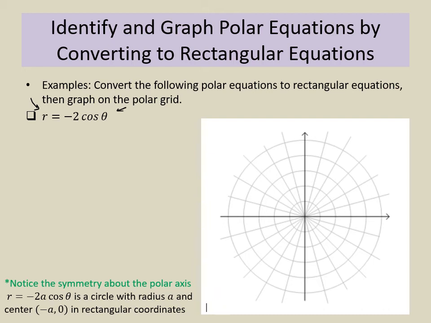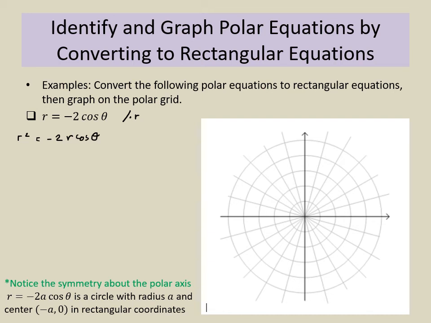Okay, let's try it. So first, we've seen the trick here. We can multiply both sides times r. That gives us r squared is equal to -2 times r cosine of theta.